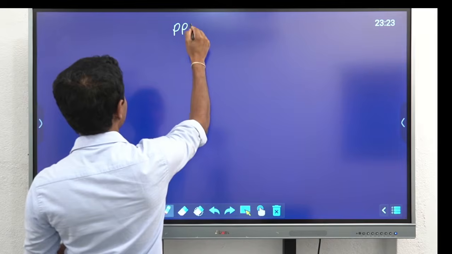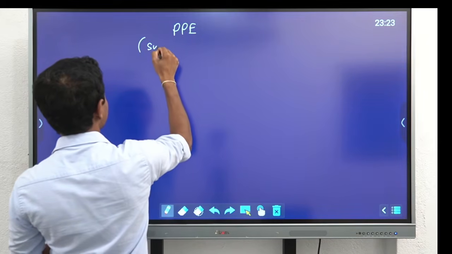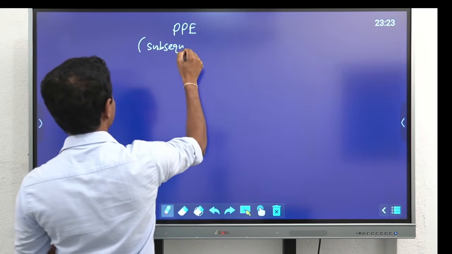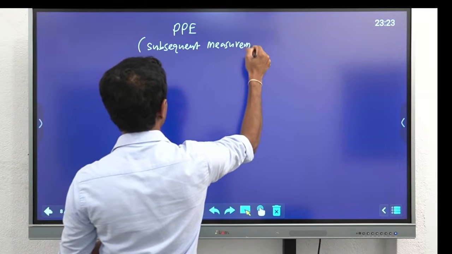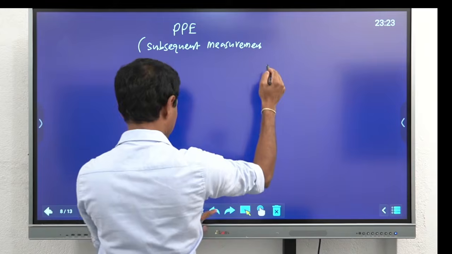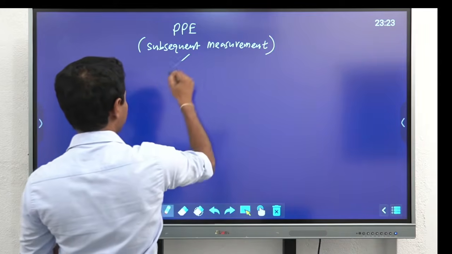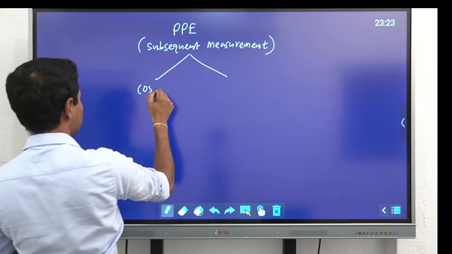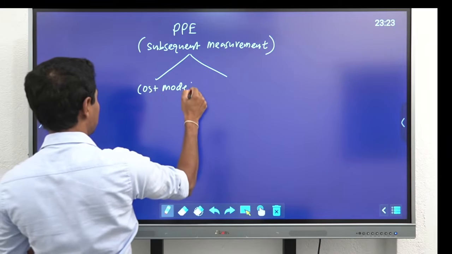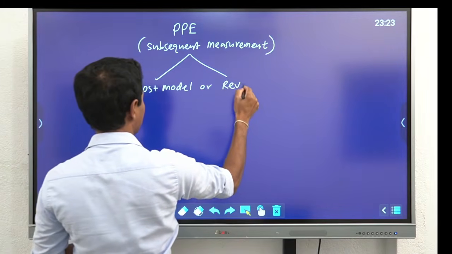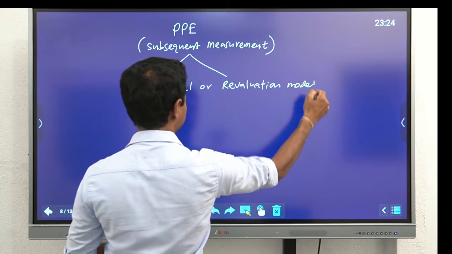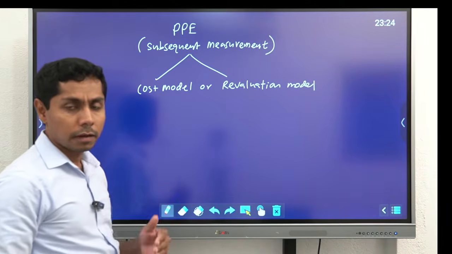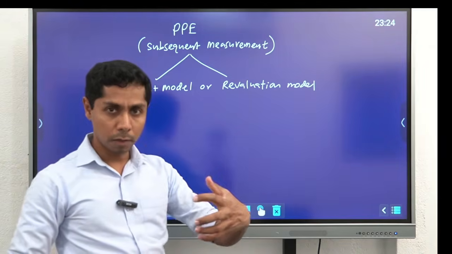PPE, subsequent measurement. We can use either cost model or revaluation model, right? So assume that we have an impairment loss.